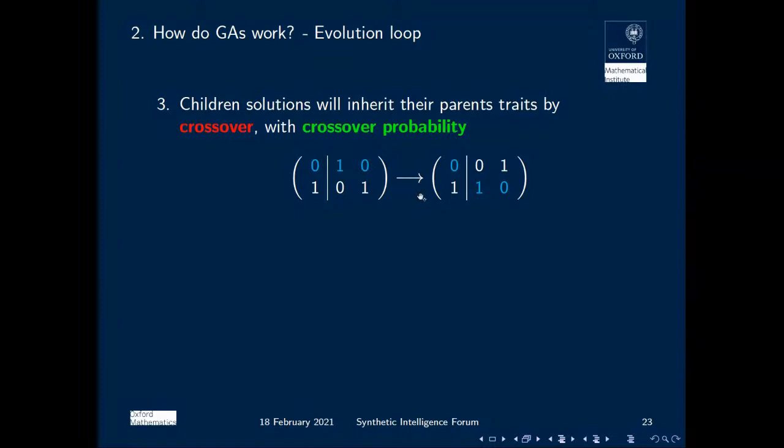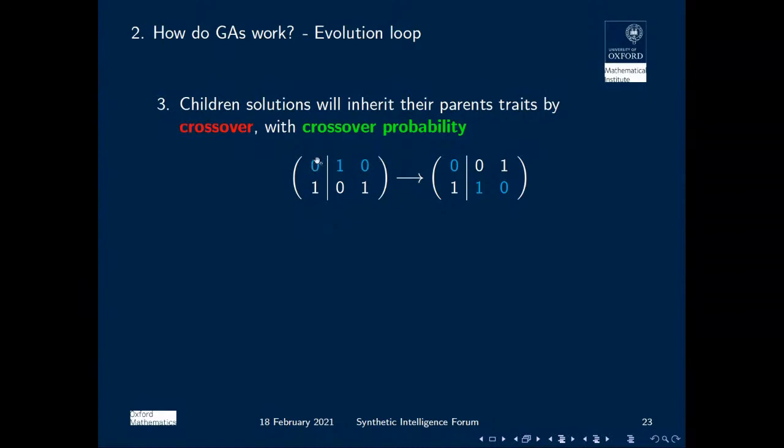So one way this inheritance mechanism is done in GAs is called the crossover, which is directly inspired by the way DNA sequences can melt and recombine in meiosis. This whole mechanism will happen with a given probability, but the key thing is that the crossover will basically align the two sequences, the two DNAs.